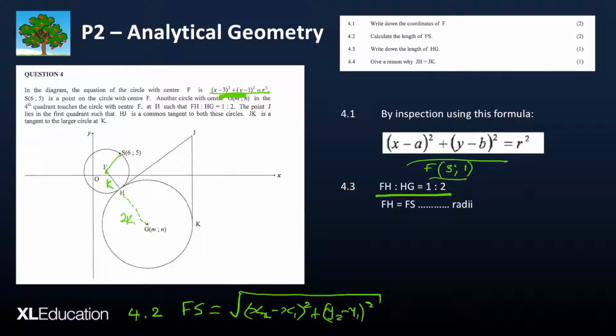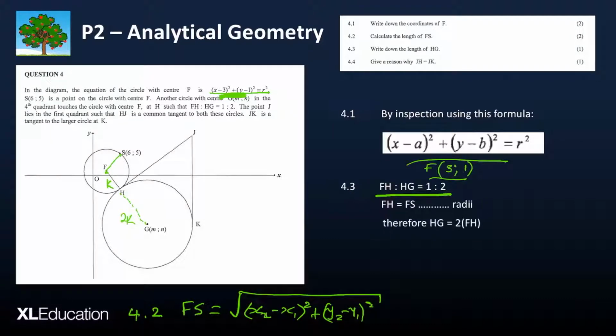We don't know FH, but what we know is FS, and we know that FS and FH are equal because they are radii. Therefore, HG is twice FH, and FH is FS that we calculated on 4.2. Okay, so let's move on.